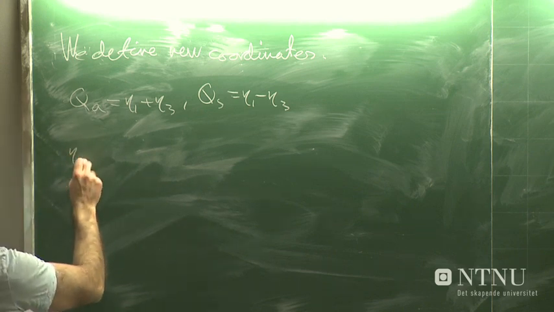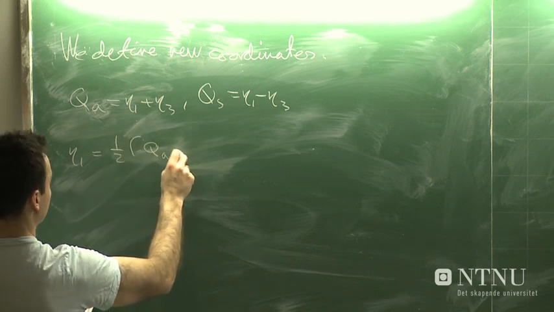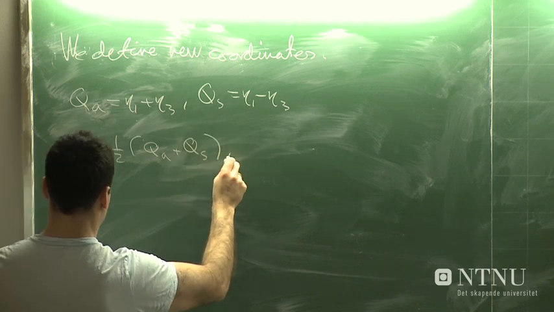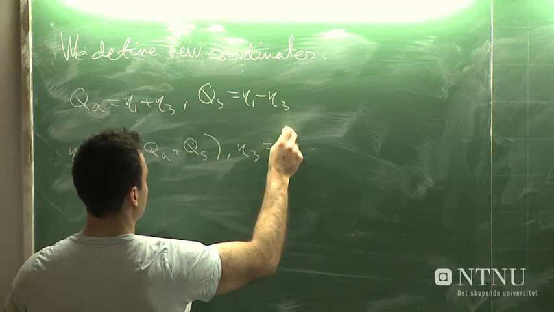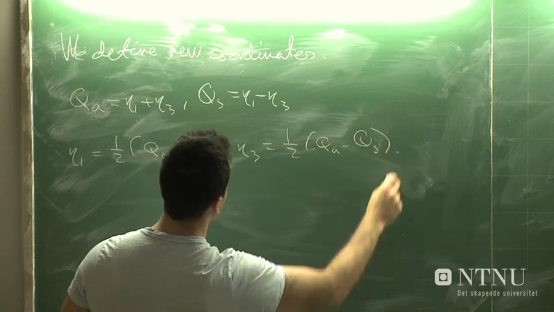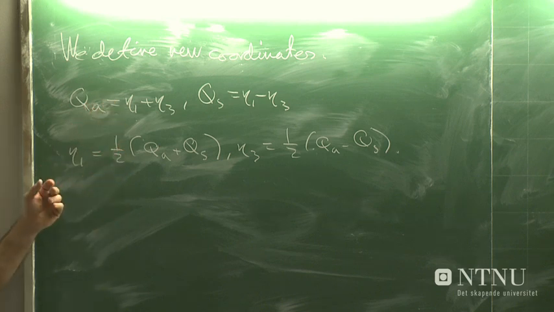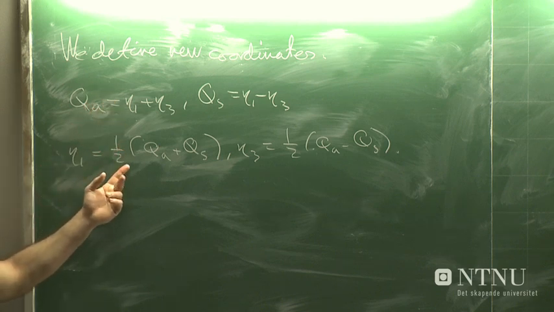So we have, by rearranging these equations, we can express eta 1 and eta 3 in terms of these new generalized coordinates.